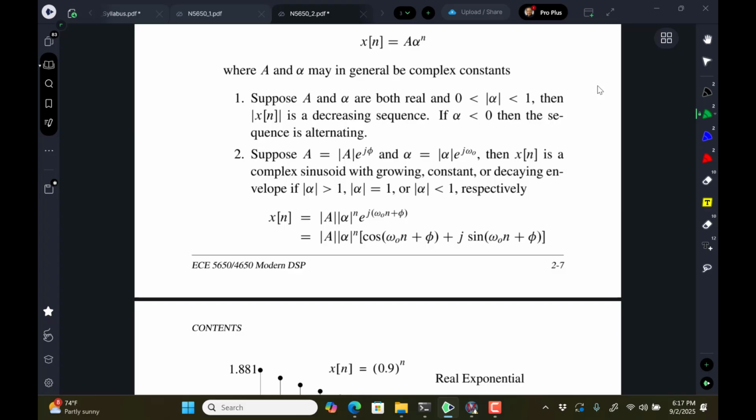We're going to say the magnitude of alpha is the exponential decay factor, and then it has an e to the j omega naught, which controls the frequency of the oscillation. So now we can create a sinusoid that's complex, has sine and cosine components, that is either growing or decaying, and we can mess around with that by just controlling the magnitude of alpha.